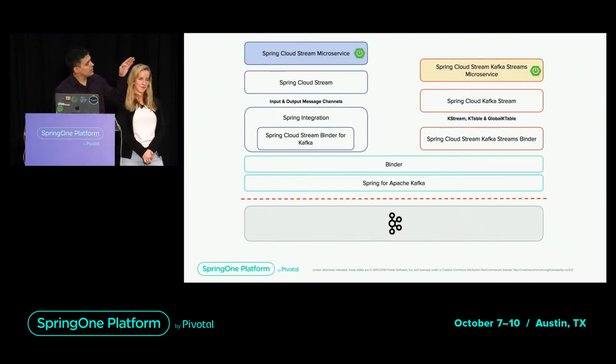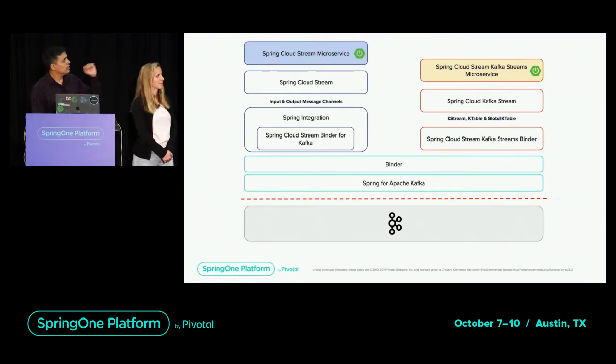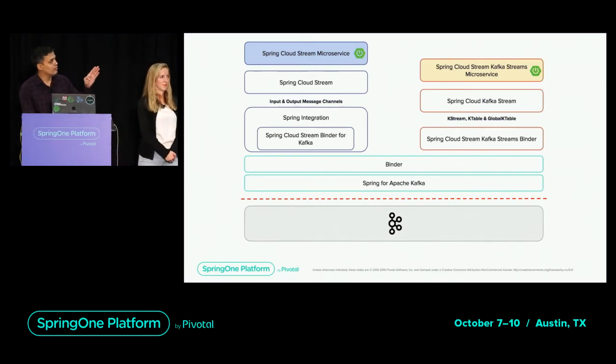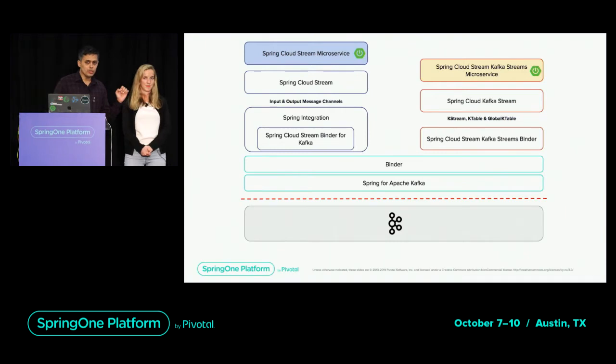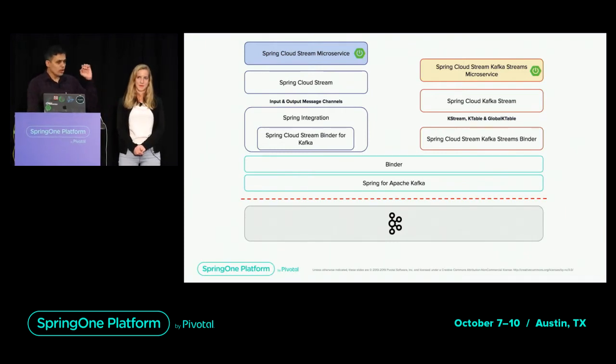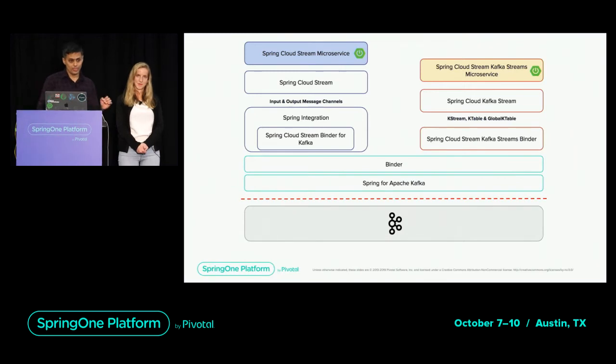So on top of the Spring Cloud Stream API, you create the bindings that will have the names of input and output binding channels, drive to your microservice using Spring Boot and Spring Cloud Stream. On the right-hand side, we have Spring Cloud Stream Kafka Stream binder. What it gives you is the native Kafka Stream functionality right in your Spring Boot application. So Kafka's all the rich APIs, the streaming APIs, stateful streaming APIs, all of those are exposed via KStream, KTable, and GlobalKTable.